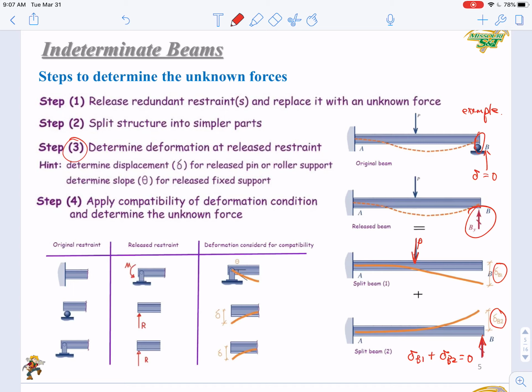And here you have a table. The table summarizes the original restraint, like the fixed end, the roller support, and pin support. And then you have the released restraints. In these 2 cases, you have 1 reaction force, that is the Ry, only in y direction. And in this case, you will have a bending moment M plus a pin support.